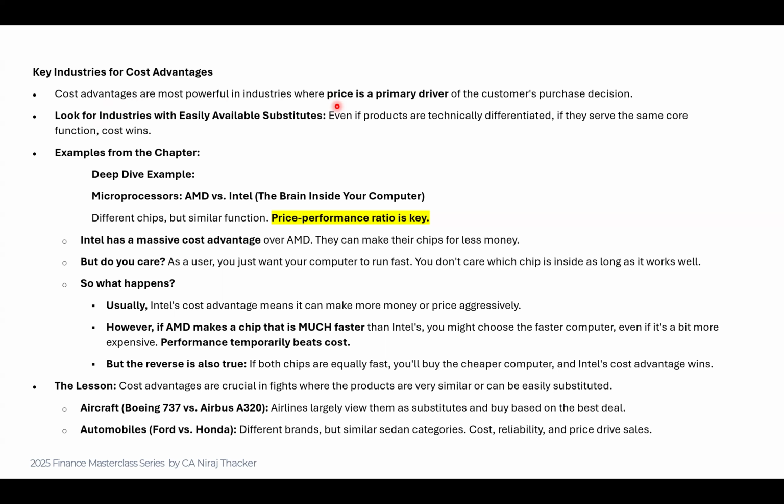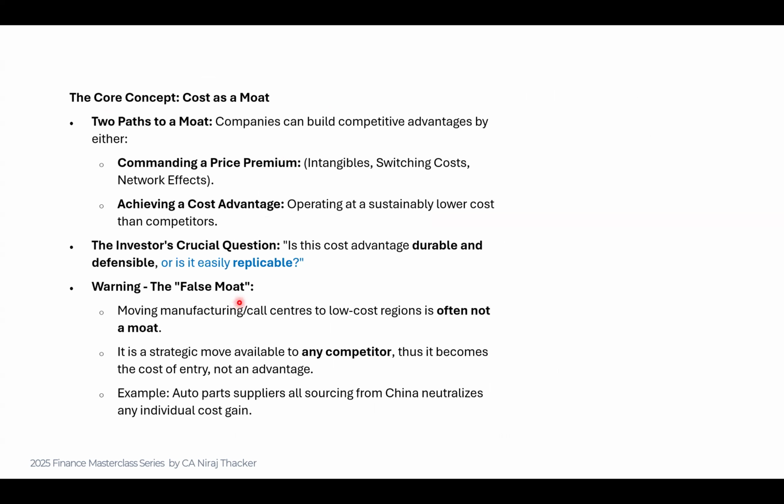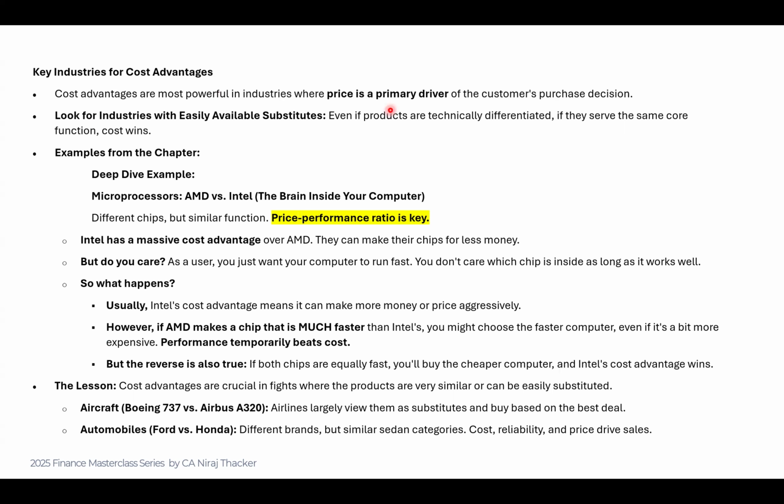So two things: whether it is replicable, and whether price is a primary driver or not. Also look for industries with easily available substitutes. If products are technically differentiated but serve the same core function, then there is no difference.